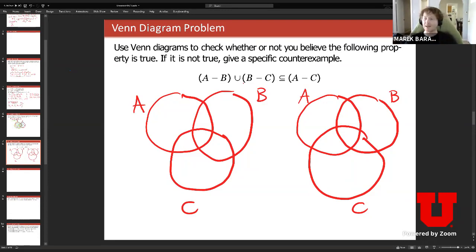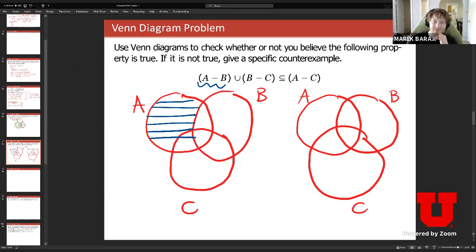Okay. Does anyone want to say where I should start? Okay. So I'll just start with A minus B. A minus B is everything in A that's not in B. So do this.